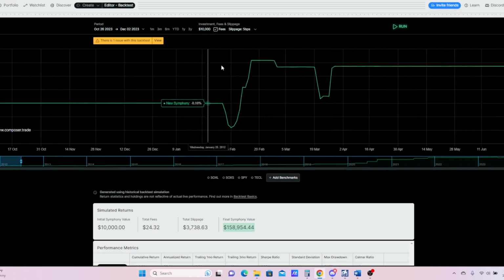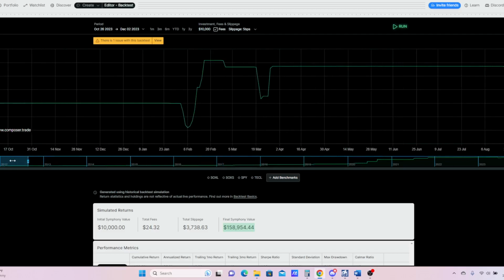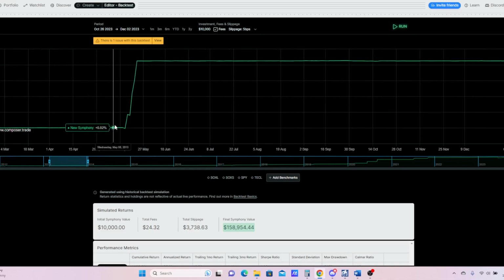Sometimes it's like 50%, 20%. Like you go from negative 0.07 to 8.5% over like 4 or 5 days.